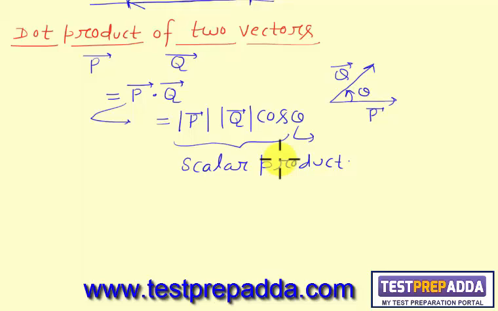Now, geometrically, we will try to understand the dot product of two vectors.